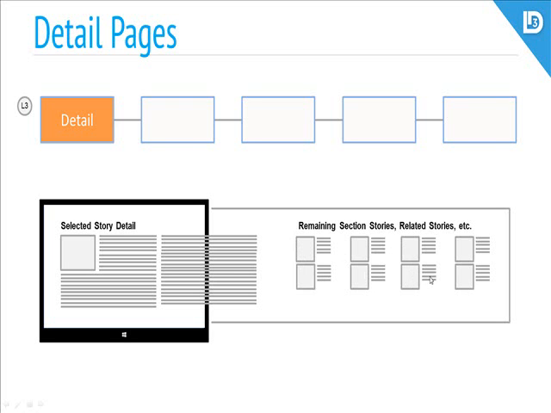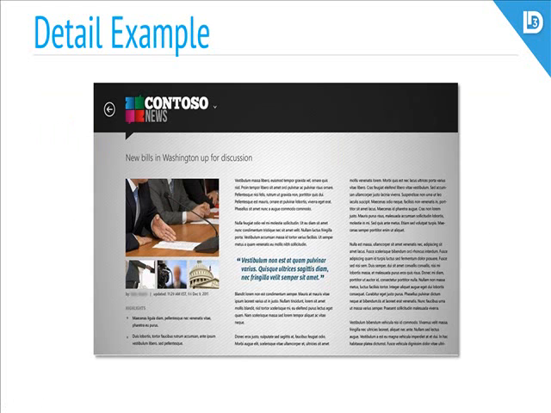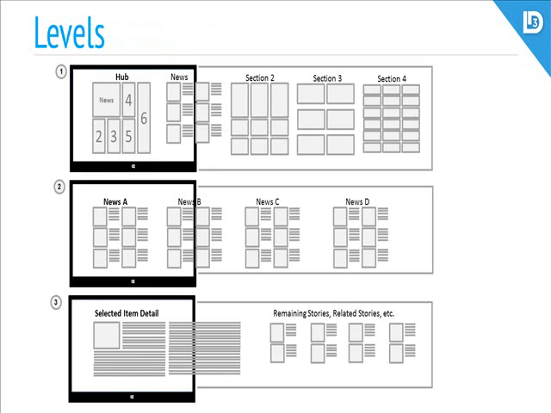So I'll get to see all of the information I was looking for, and then if I continue swiping to the right, panning to the right, I will see all of the related information there. And here's just an example of what that would look like as information wraps to the right. So just as an overview, I have 3 levels in a typical Windows 8 application. First level, remember, is the hub level. Second level is the category level. And the third level is the detail level.